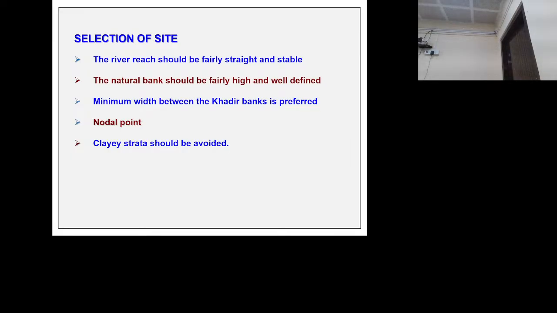Suppose you are constructing a hydraulic structure. If you select the site at a curved portion and construct a bridge here, then what will happen? Flow will be like this. So total flow is flowing from this side.